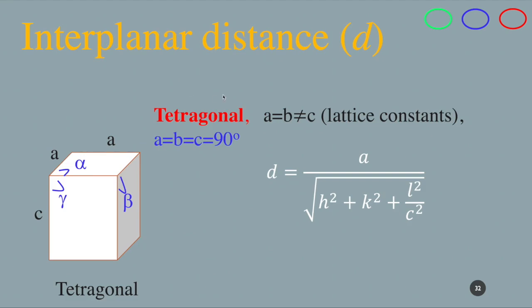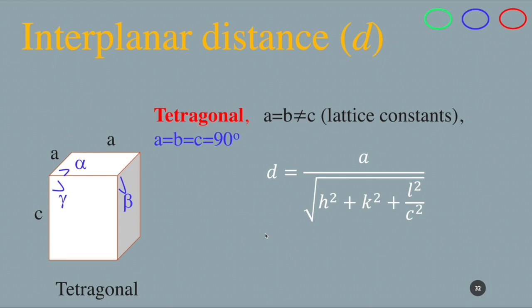Similarly, we can also calculate trigonometrically the relationship between the Miller indices and the d spacing for other crystal systems like tetragonal. For tetragonal, we have d, and this is the relationship. And again, we can do some exercise here also.